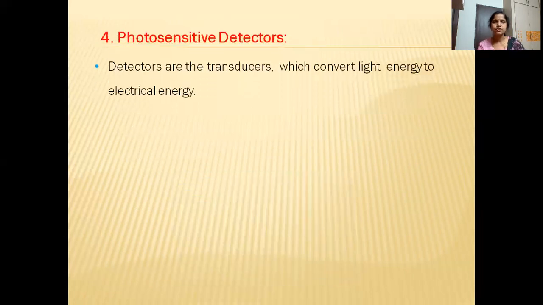Then photosensitive detectors. What these detectors do is convert light energy to electrical energy. All the light which is transmitted from the sample, when it falls on the detector, is converted into electrical energy.